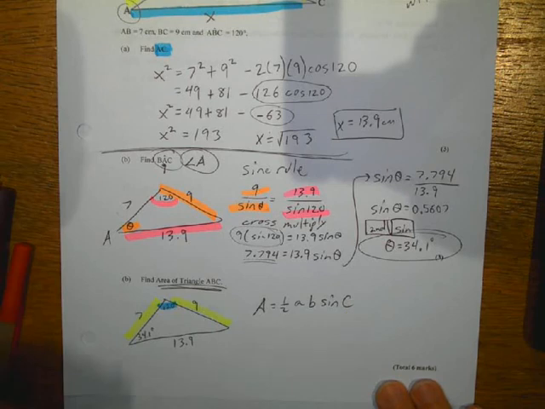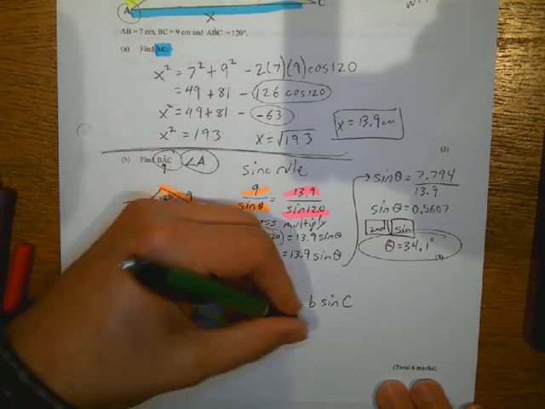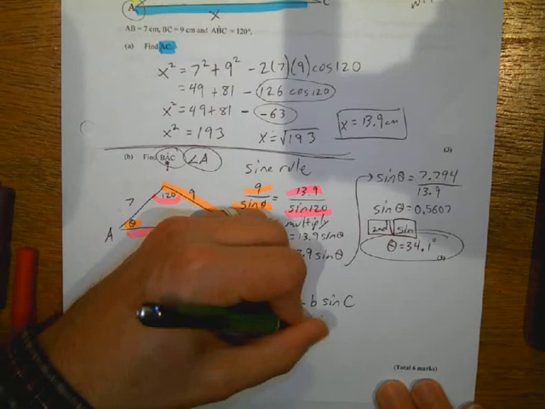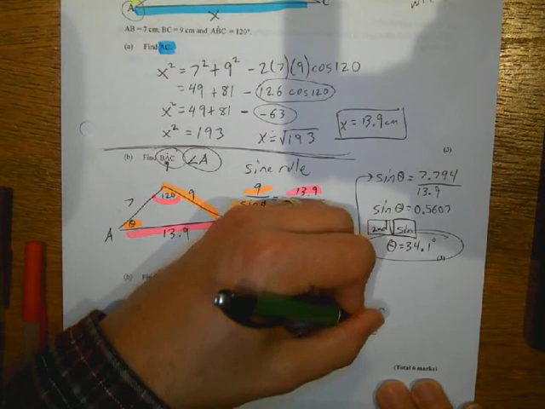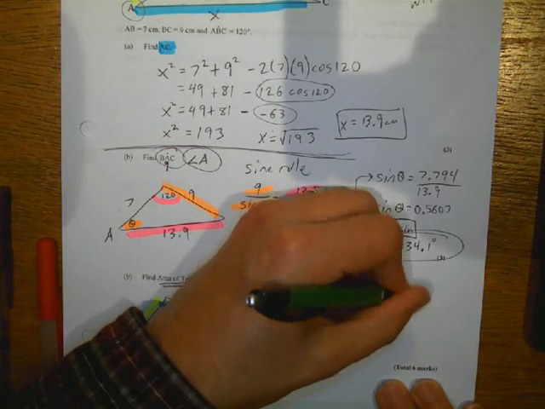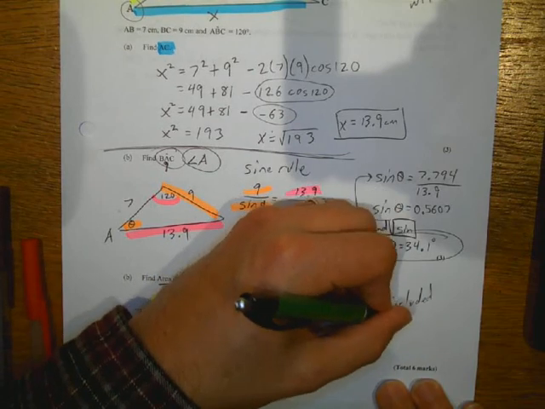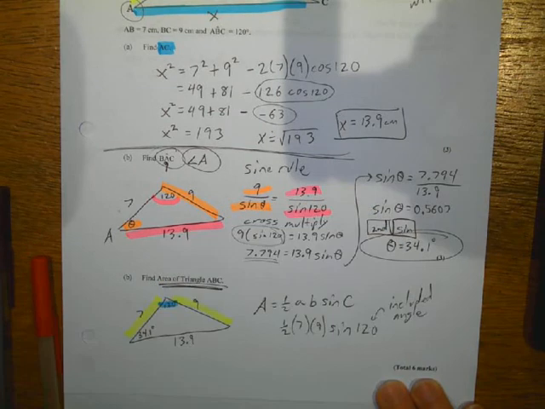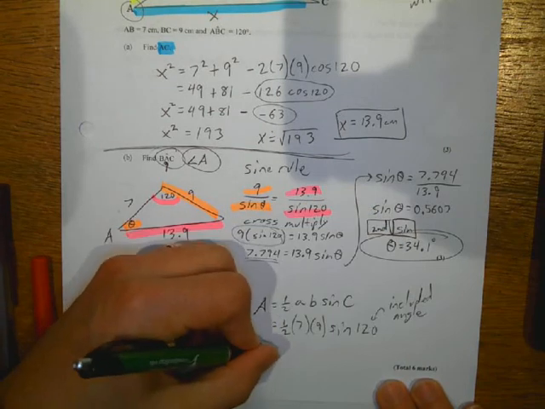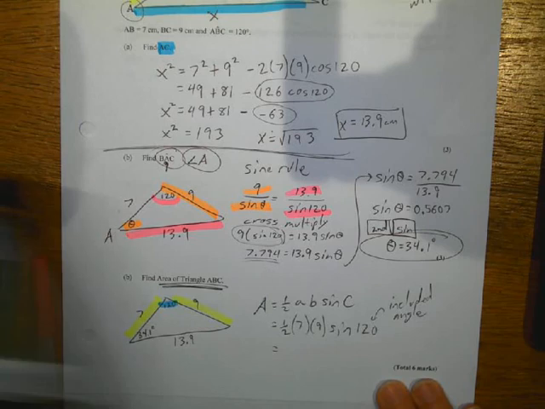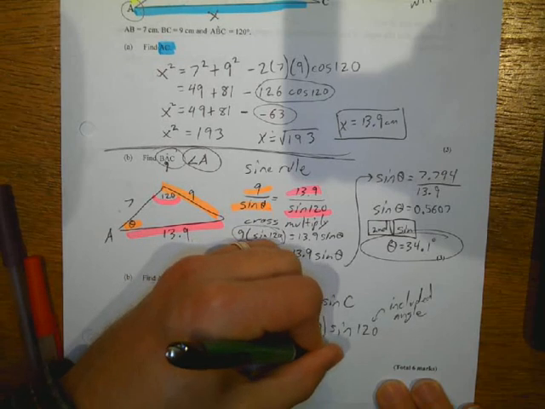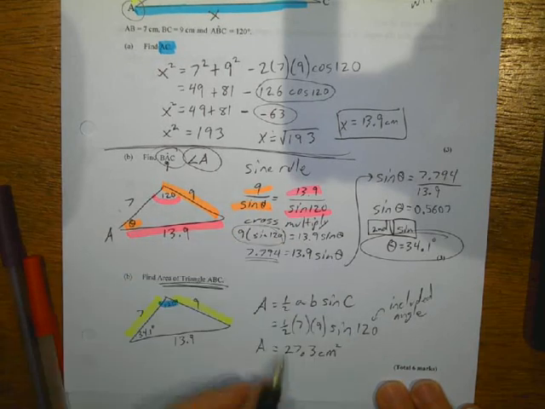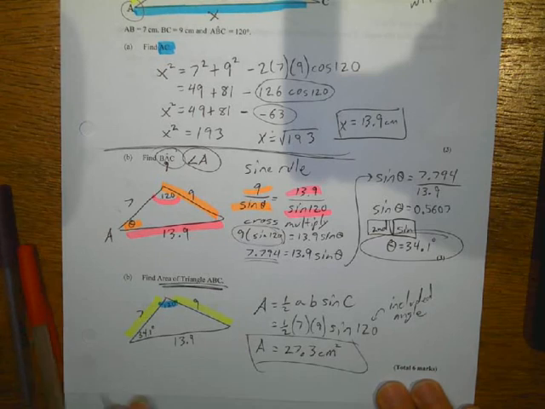So we've got 1/2 times 7 times 9 times sine of the included angle. Okay, type this into my calculator, and I get the area is 27.3 centimeters squared. You're going to need to know how to do that on your test.